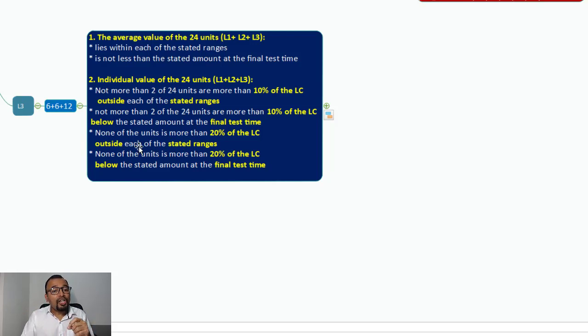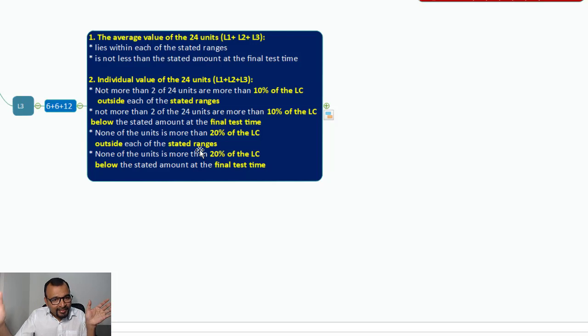Okay. None of the unit is more than 20% of the labeled content outside each of the stated range. So in case of 30 to 50%, now what is the acceptance criteria? None of the unit must be less than 30 minus 20 becomes 10%, and 50 plus 20 becomes 70%. So none of the unit should be outside the range of 10 to 70%.